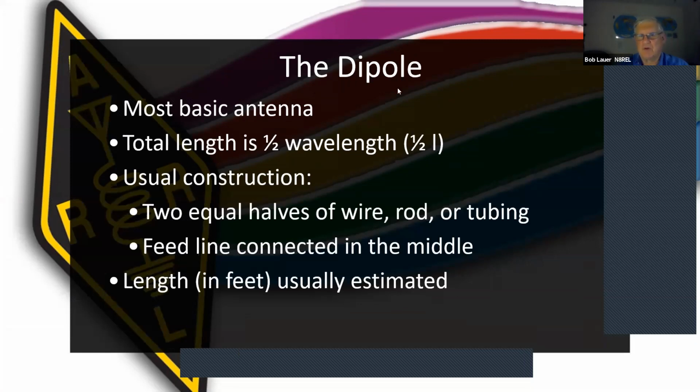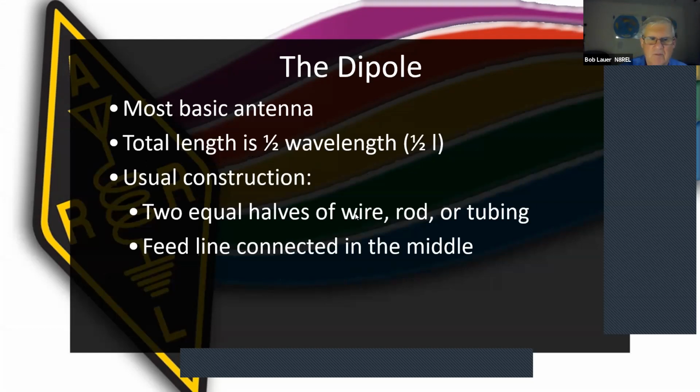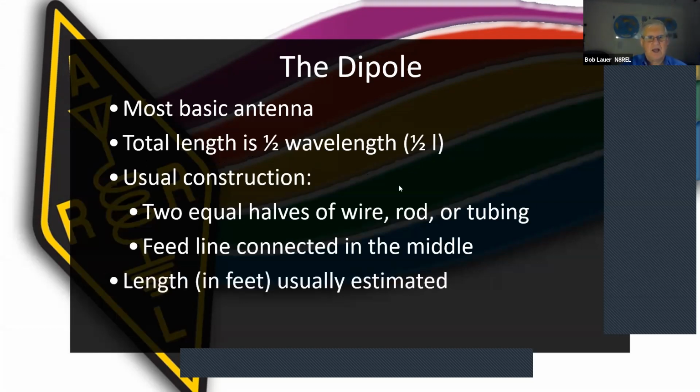A dipole for VHF would only be a total of about 6 feet long. But for instance, on 10 meters, you may well do that. 16 feet for 10 meters. So you'd have 2 equal halves strung out, held on each side by a nice insulator, and with a feed line connecting in the middle.